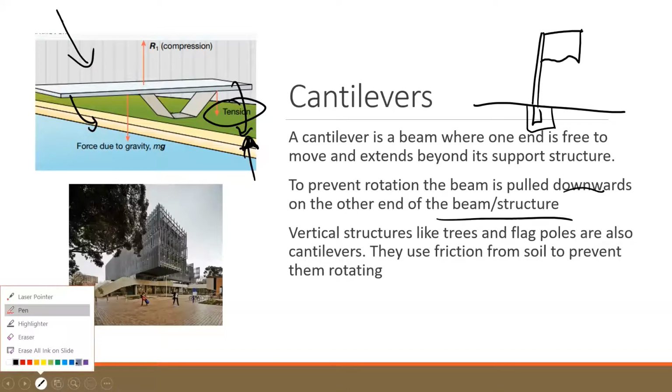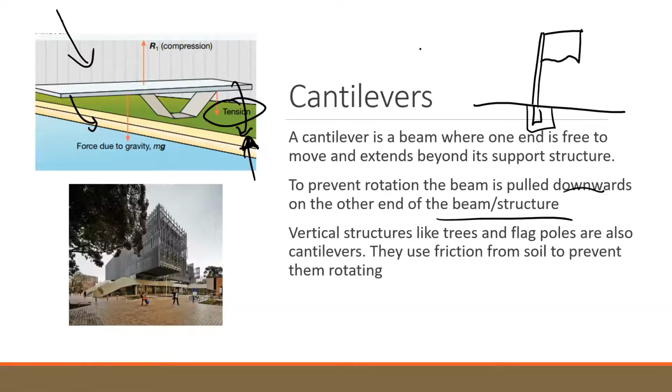Unlike the diving board, at the moment there's no force on here pushing it over. But the second you hit a wind, if the wind starts pushing your thing to the right, then you have to make sure that you have anchored your structure.